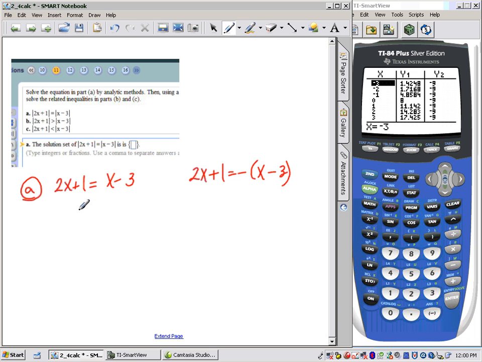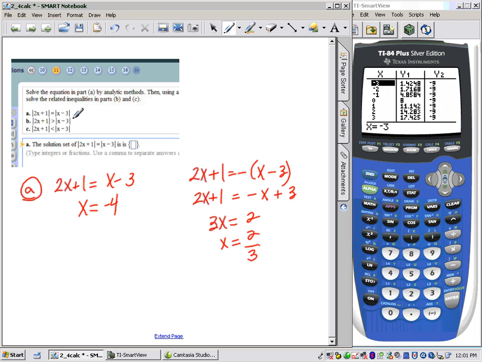With 2x, I can subtract x to get x is equal to negative 4. And on the other side, we get 2x plus 1 equals the opposite of x plus 3. Adding x gives me 3x is equal to, subtract 1, 2, so x is 2/3. Okay. So I know those two are going to intersect at negative 4 and 2/3.